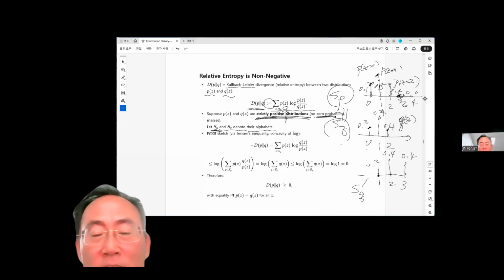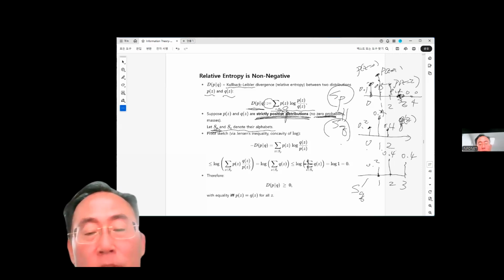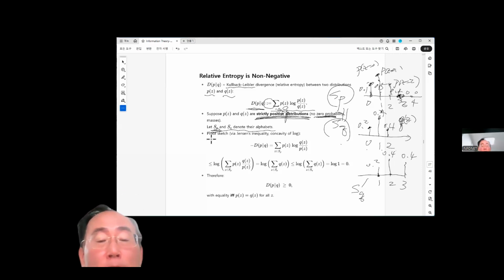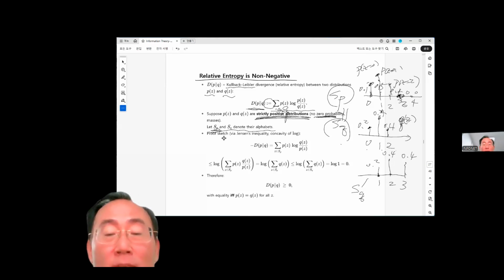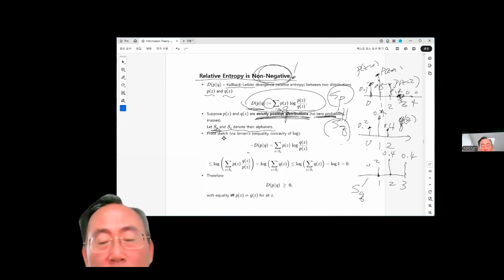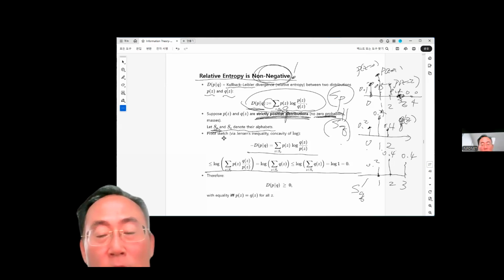We don't want such things in this definition. Then we can talk about relative entropy defined this way, which is the distance between the two distributions P(z) and Q(z), and it is non-negative. That can be proven this way. I will maybe cover this part for today, and the rest of them I will cover next time.